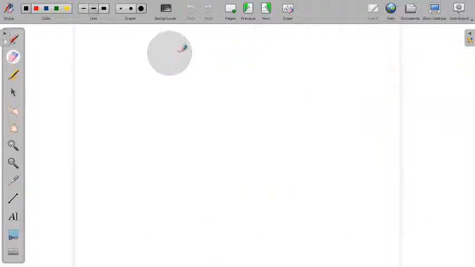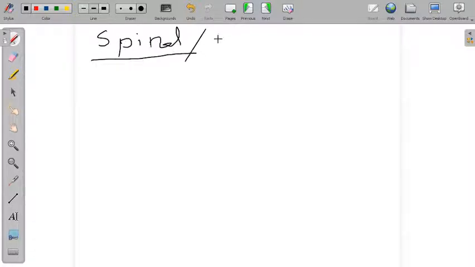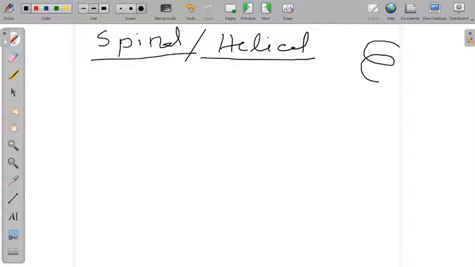Next we will see the other one, the spiral column, and how to provide the reinforcement. Spiral is sometimes also called helical. Some books say helical reinforcement or spiral reinforcement.